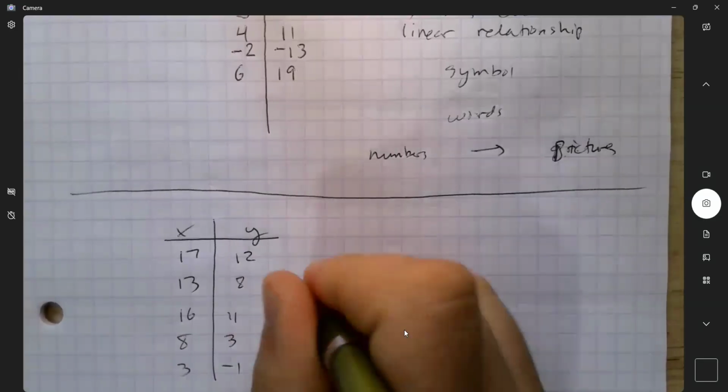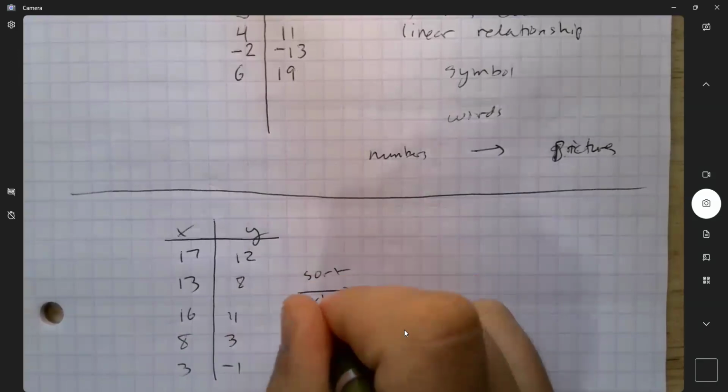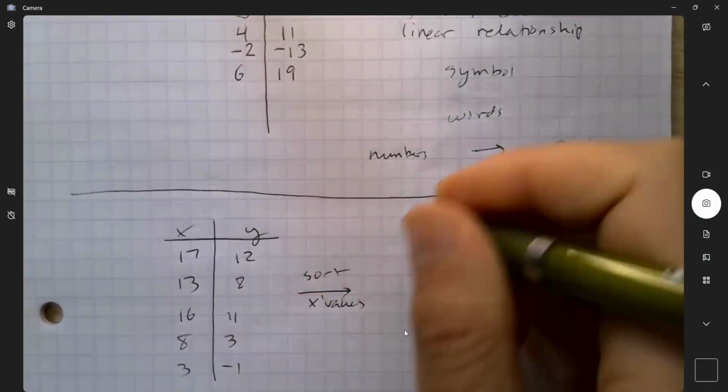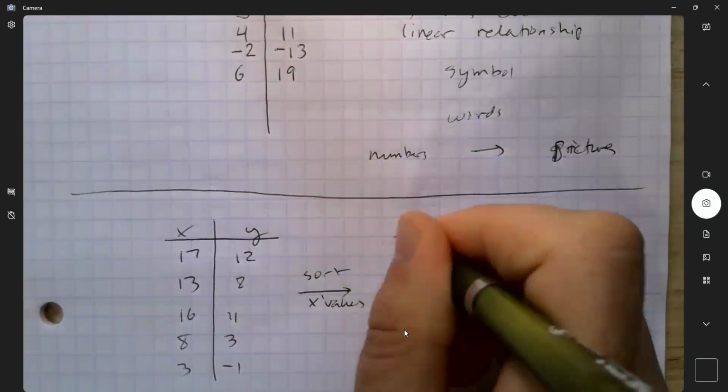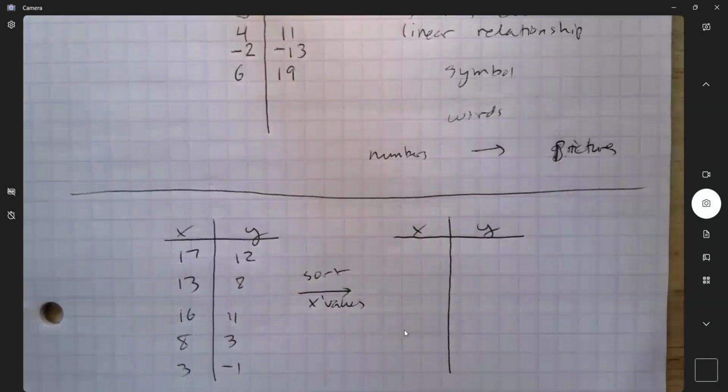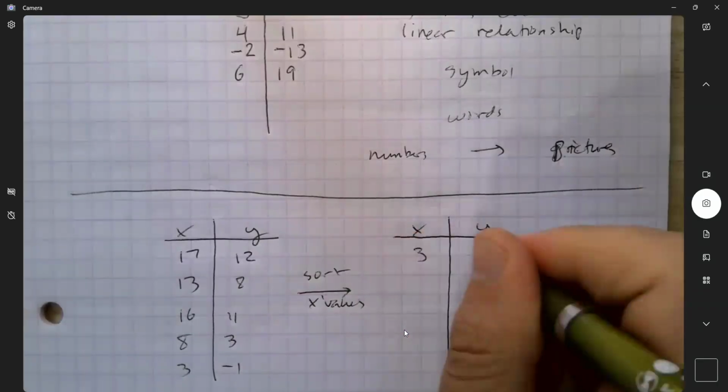The first is I would sort my X values. If you're asking me to do some kind of analysis on raw data just with my eyes and a pencil and paper, I have to make it as easy on me as possible.